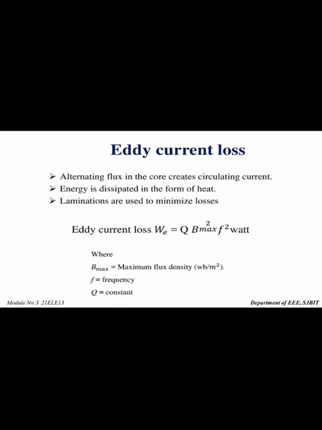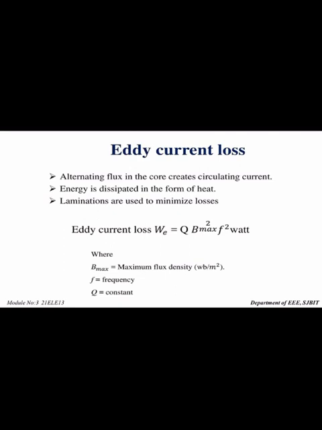If you consider the eddy current loss, again this is due to the alternating flux in the core. Because of the alternating flux in the core, it creates a circulating current inside. Because of this circulating current, energy is lost in the form of heat.